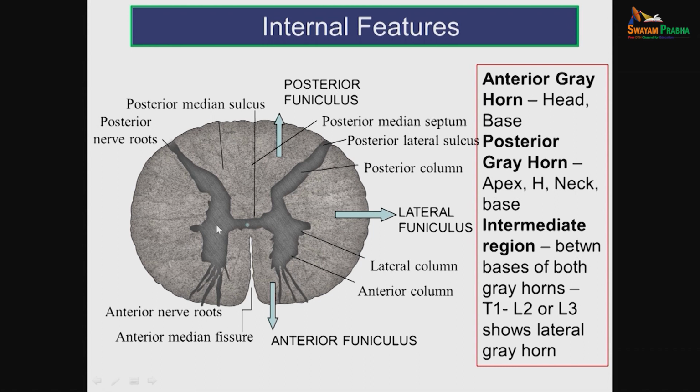So these are the grey horns which are connected by a grey commissure. You can see that this is the grey commissure. It connects identical areas of right and left grey matter. The central canal is ventral in position in the cervical and thoracic segments of the spinal cord.